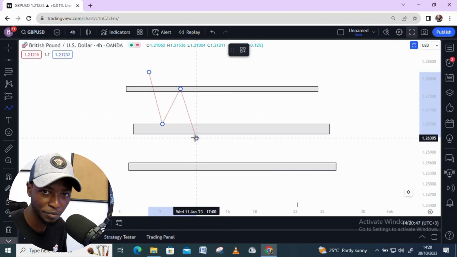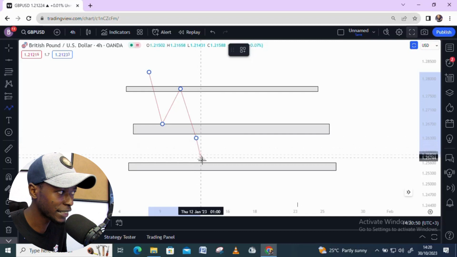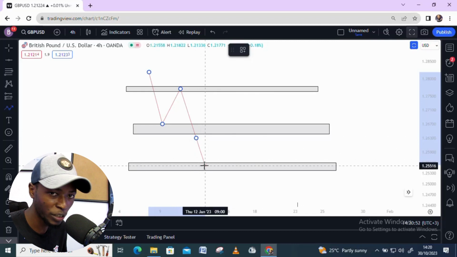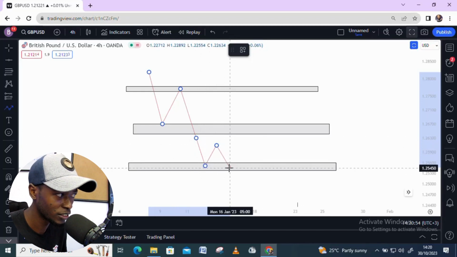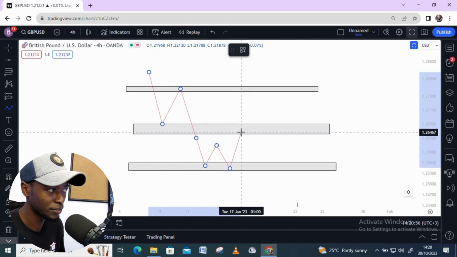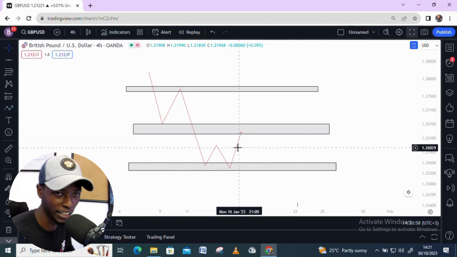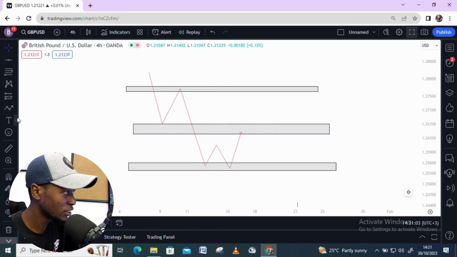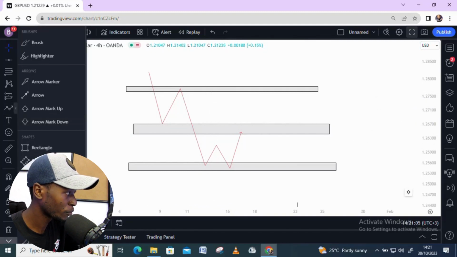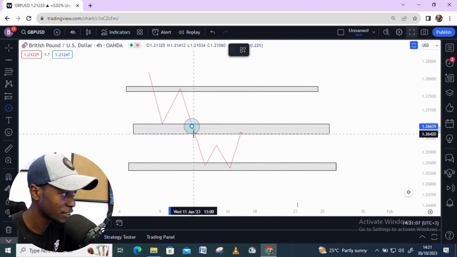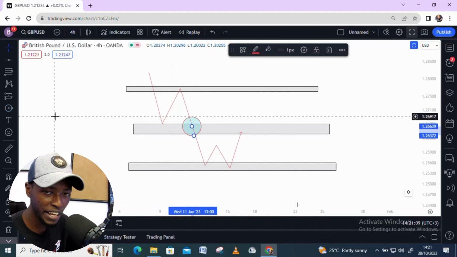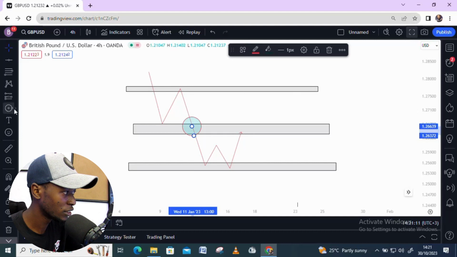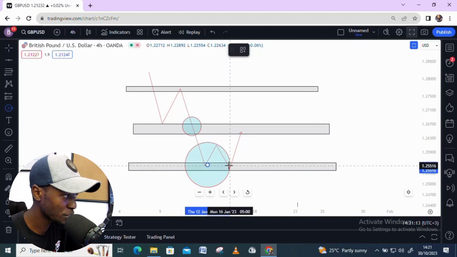So I'll go over it again. The market can break through the zone. This is a break. The market can bounce on a zone. This is a bounce from the zone.